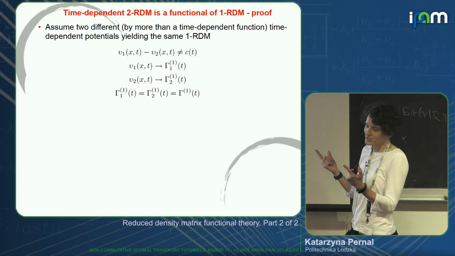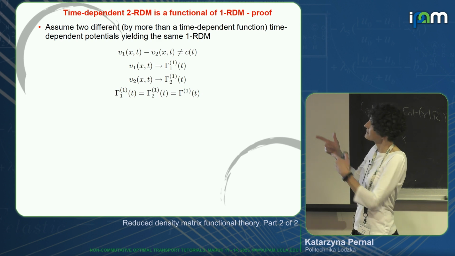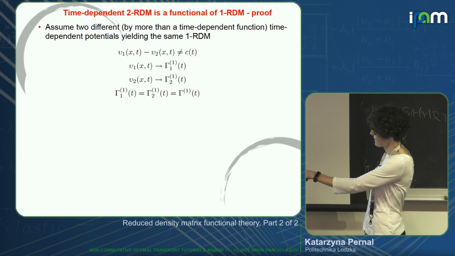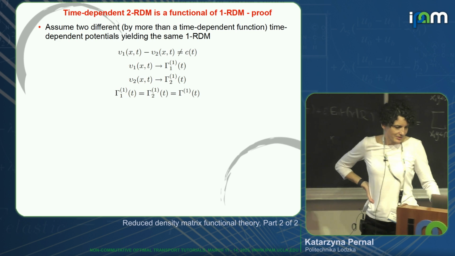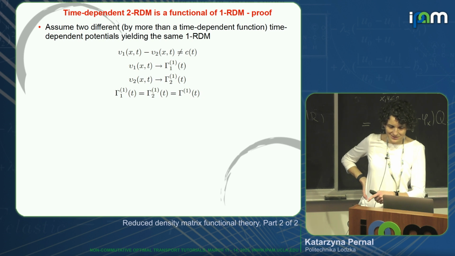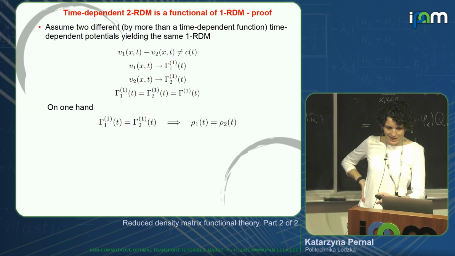So two different potentials and also two different time-dependent Hamiltonians, but they lead to the same time-dependent 1-RDMs. That's our assumption here. Because if this is the case, it would mean that there is no mapping from time-dependent 1-RDM to the potential.